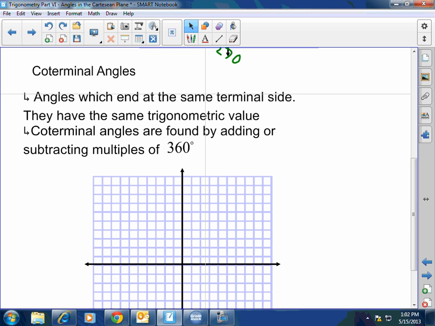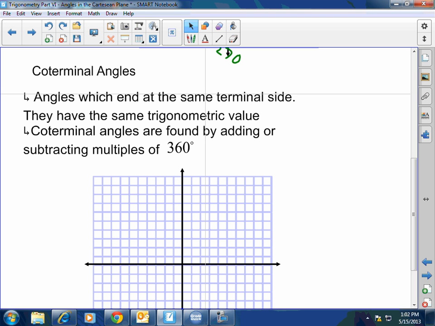When two angles are coterminal or three angles are coterminal, coterminal just means, hey, look, even though these are different size angles, they both terminate at the same side. They both have the same terminal side. What does this mean? Well, it's angles which end in the same terminal side. They have the same trigonometric value.